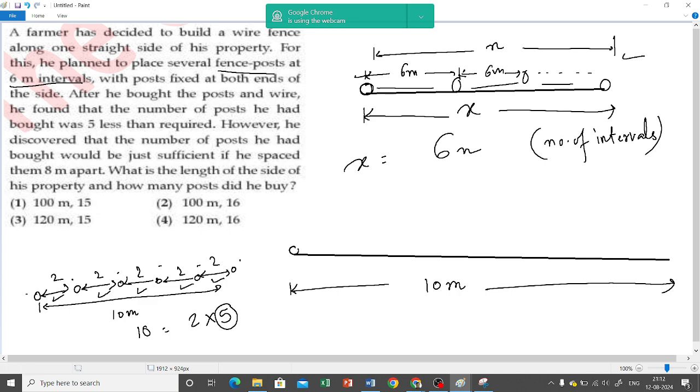So the post starts from here, another post will be over here. What is the distance? 2 meter. Another post will be over here, distance 2 meter. Another post over here, distance 2 meter. Another post over here, distance 2 meter. Another post over here, distance 2 meter. Okay. Understood?